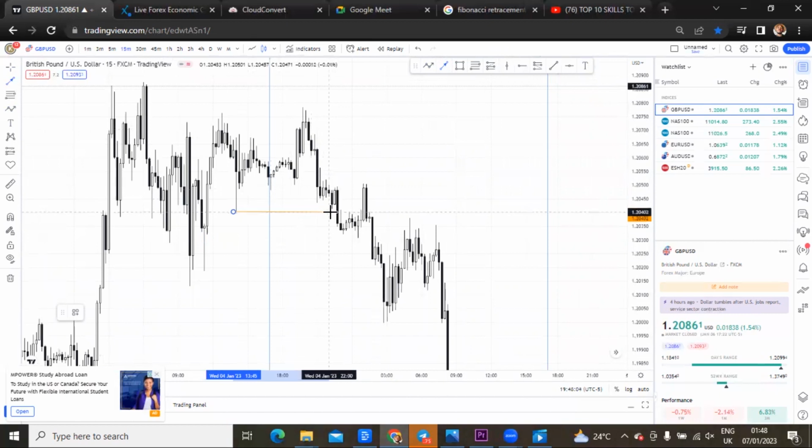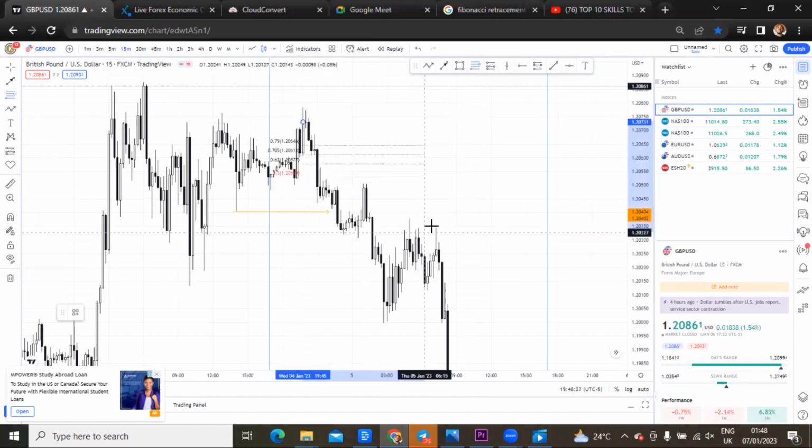Okay, when it broke these lows, if you are going to get involved selling this, you're going to sell it from here. You're going to draw your fib. Now, if you're drawing your fib, you don't have to include the wicks. You just have to draw it from the body right here of the candles.